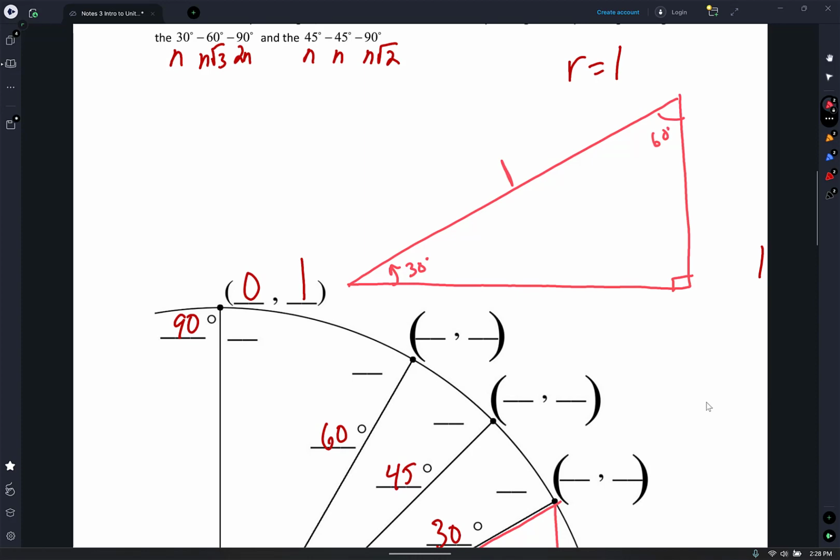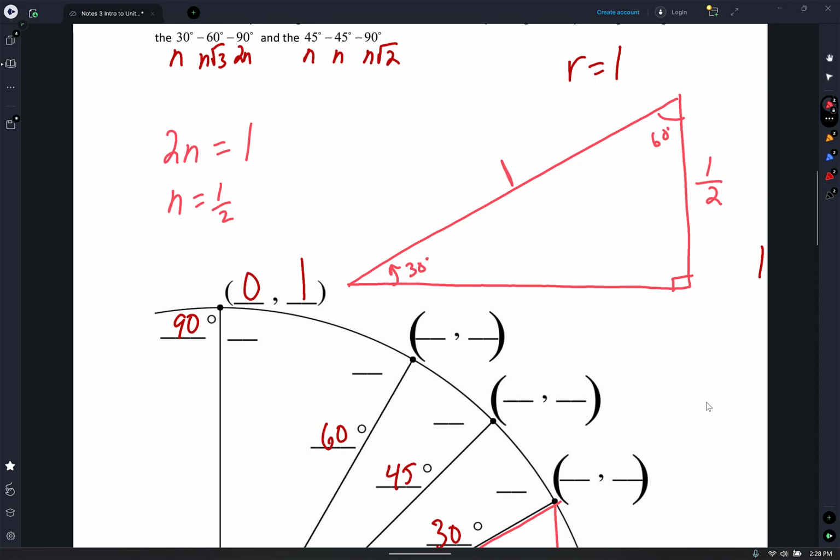I know we're tired, guys, but we can still do this. All right, here we go. So I'm going to write 2n equals 1. So my short leg, n, has to equal a half. So my short leg is whatever's opposite 30 degrees, so it's this vertical displacement. That's a half.